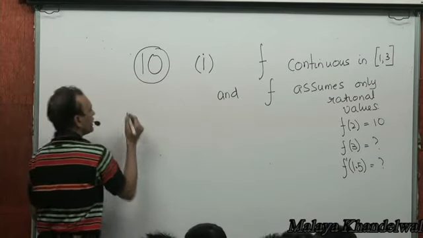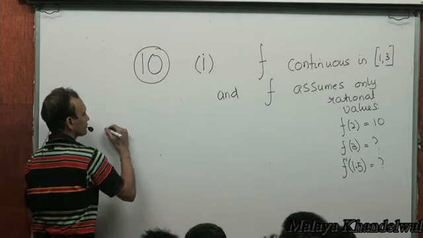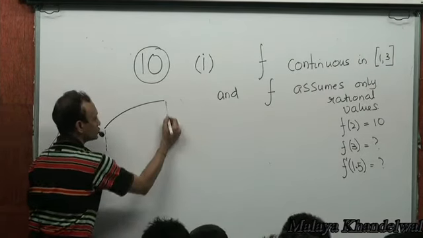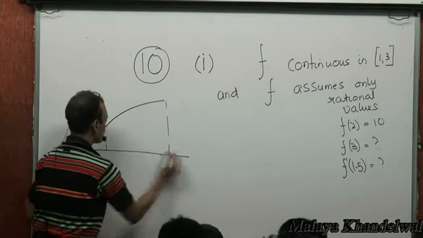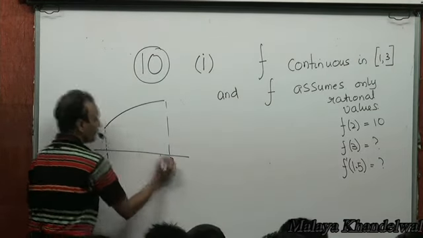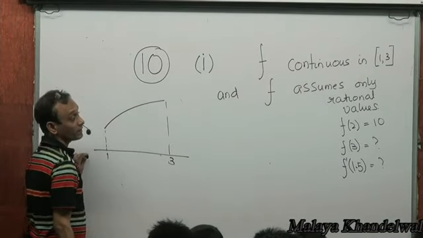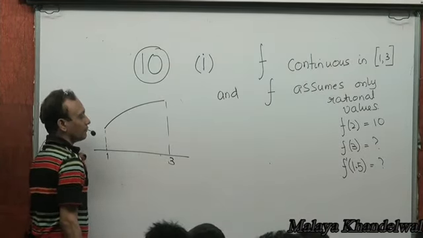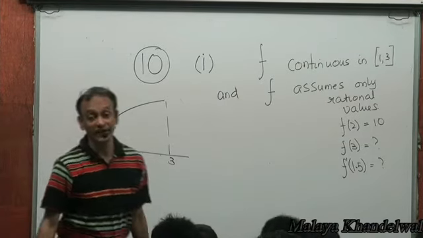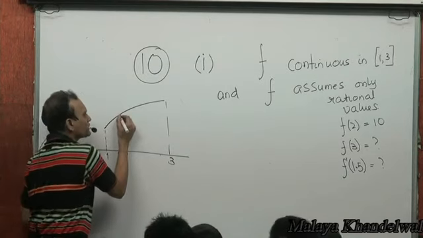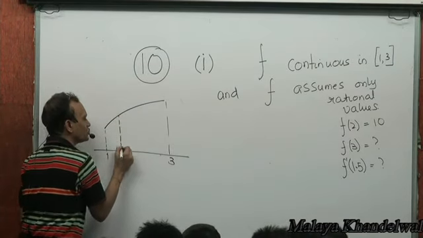Now, Fx is continuous in the interval 1 to 3, right? In the interval 1 to 3, Fx is continuous. And it assumes only rational values. Look at 2 points in the interval 1 to 3.